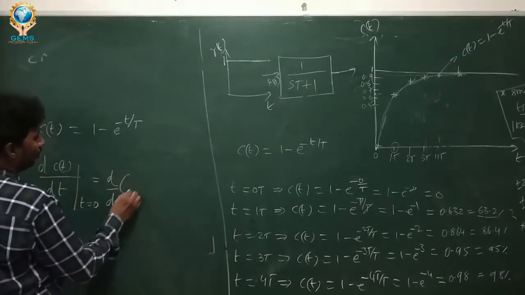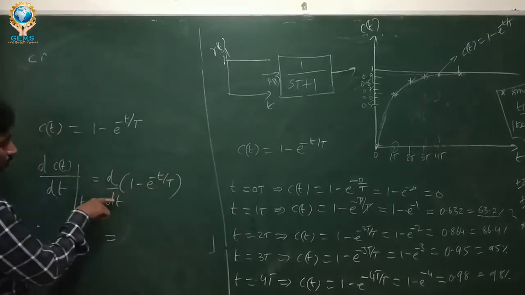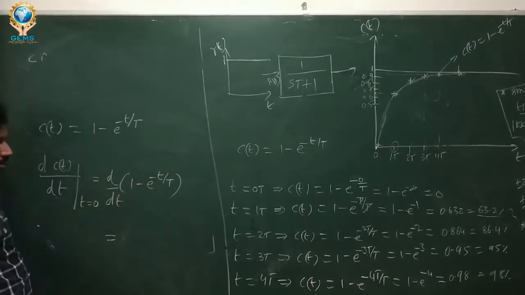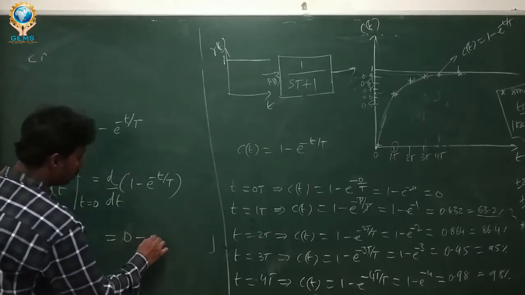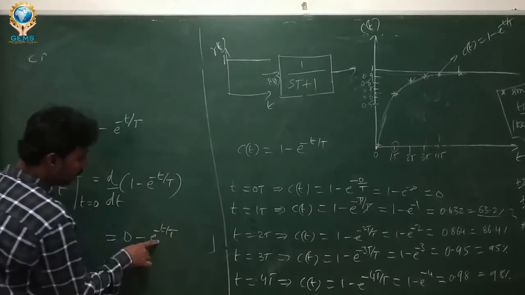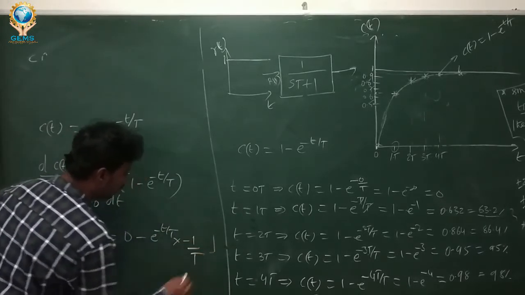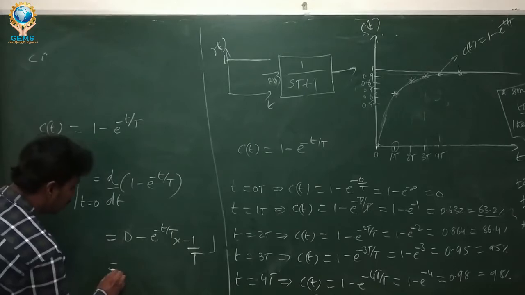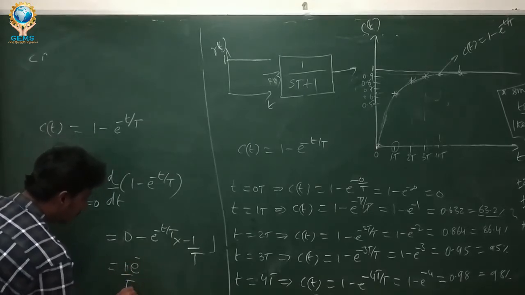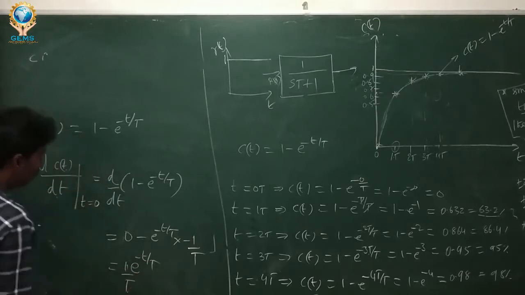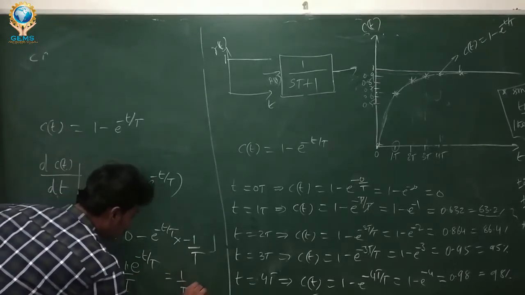What is your C of t? 1 minus e raised to minus t by T. The constant differentiates to 0. So this will come minus t by T. Again you differentiate, minus 1 by T. So minus plus, e raised to minus t by T. Substituting t equal to 0, you will get only 1 by T.